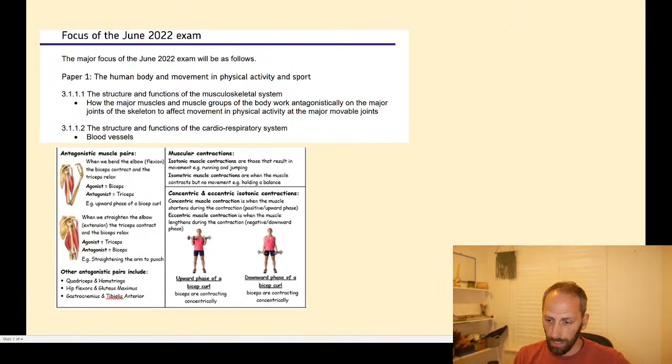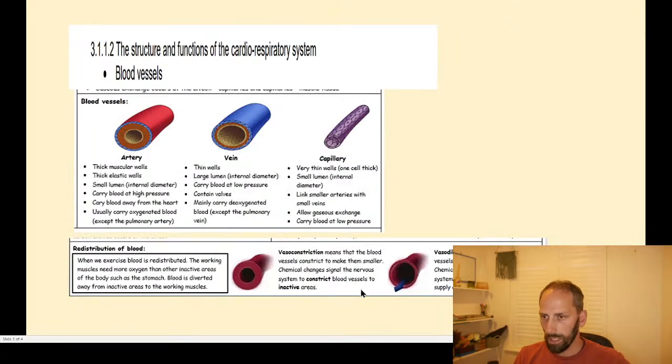So the next aspect that we're going to look at very, very quickly is this. We know that you're going to be asked something around the blood vessels. There are three types of blood vessels. We have arteries, we have veins, and we have capillaries. Now, the things that you guys need to understand is how we get blood going through these, how the structure and the function of each of these different blood vessels actually is going on.